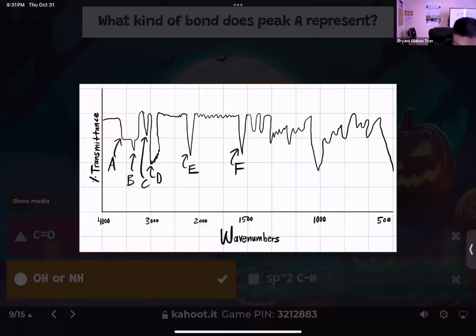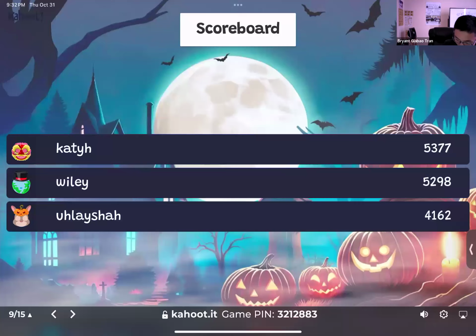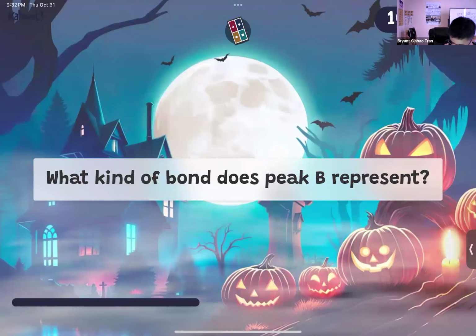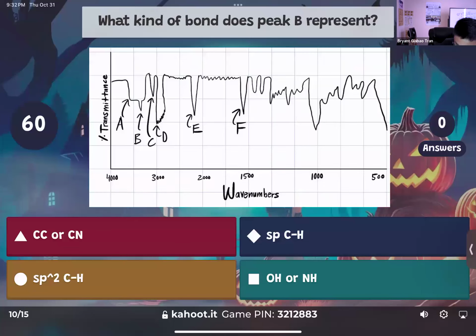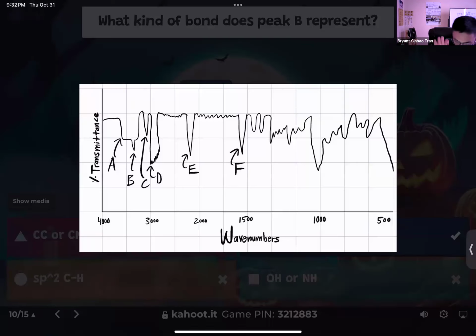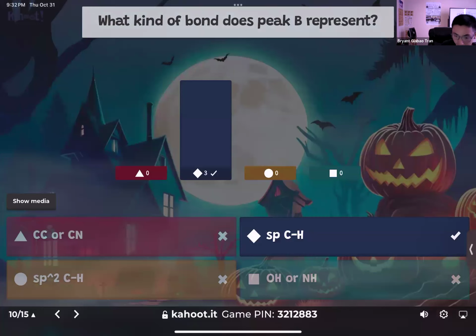Peak A, that broad peak at around 3300, shows an alcohol or secondary amine, OH or NH bond. Yep. Yeah, so that's a sharp peak at around 3300, showing the sp C-H bond, the terminal alkyne hydrogen bond.